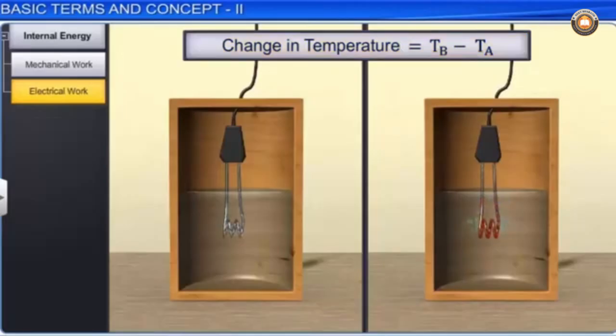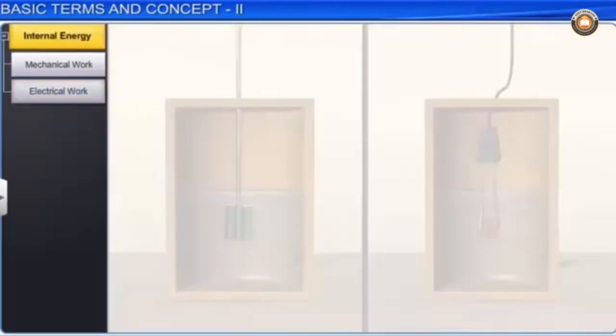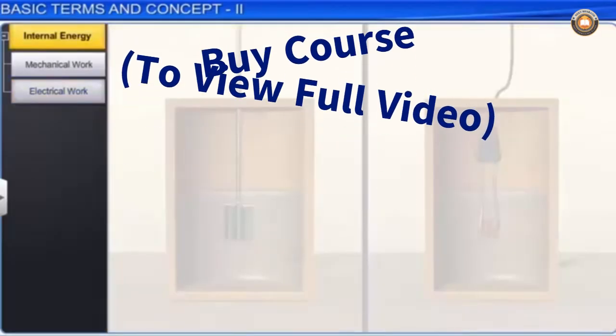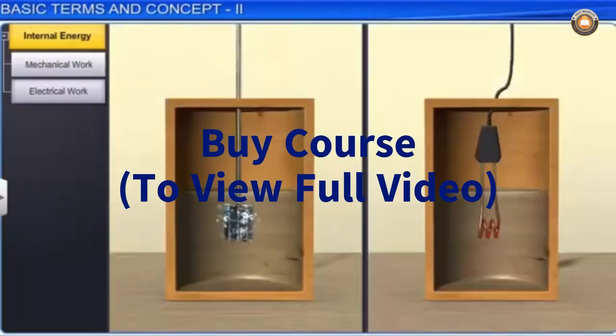Hence, the change in internal energy, delta U, is equal to UB minus UA. Thus, internal energy changes to the same extent either by doing mechanical work or electrical work, which indicates that it is independent of the mass.